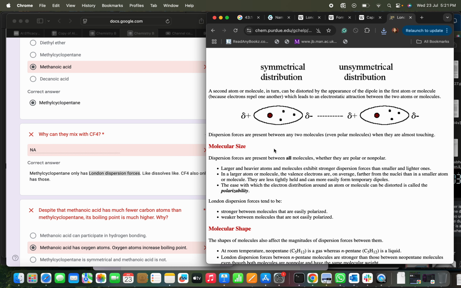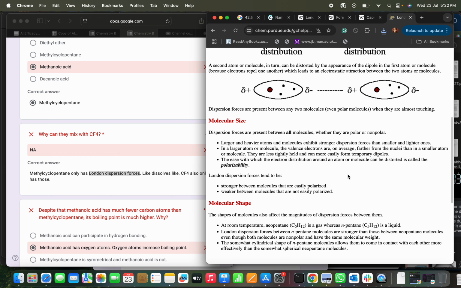So I guess CF4 can develop this polarizability.